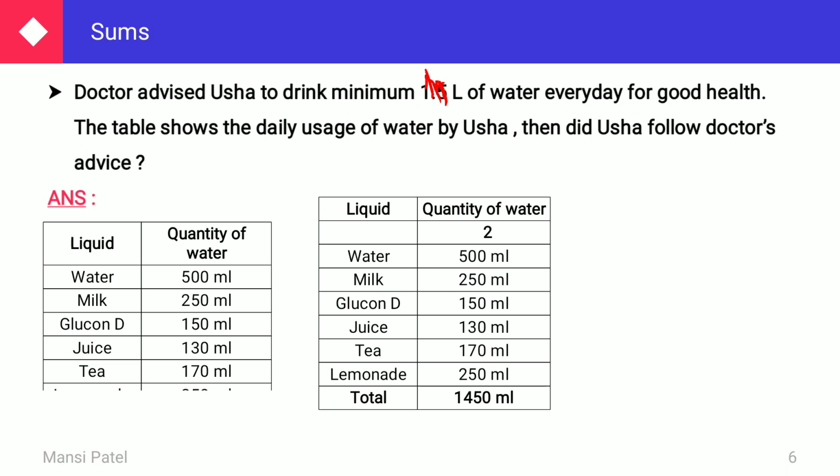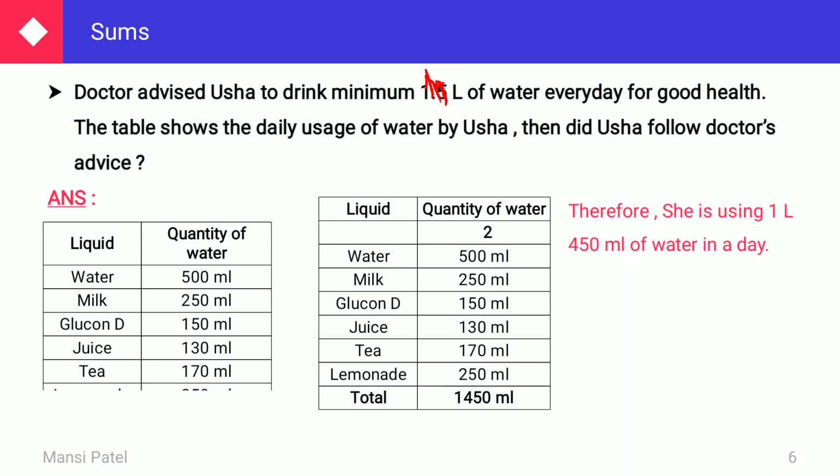Now we have to see the total quantity drunk by Usha. Just add all these quantities: 500 plus 250 plus 150 plus 130 plus 170 plus 250. So the total is 1450 milliliters. Therefore, we can say that she is drinking 1 liter and 450 milliliters in a day.